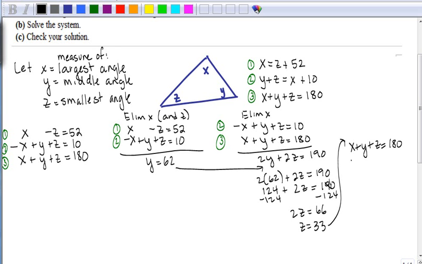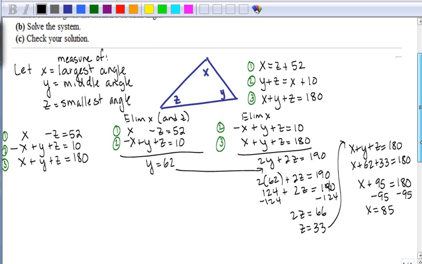And if I plug in y is 62 and z is 33, I can find x. So adding 62 plus 33 is 95, and subtracting 95 from both sides, we get x is 85.